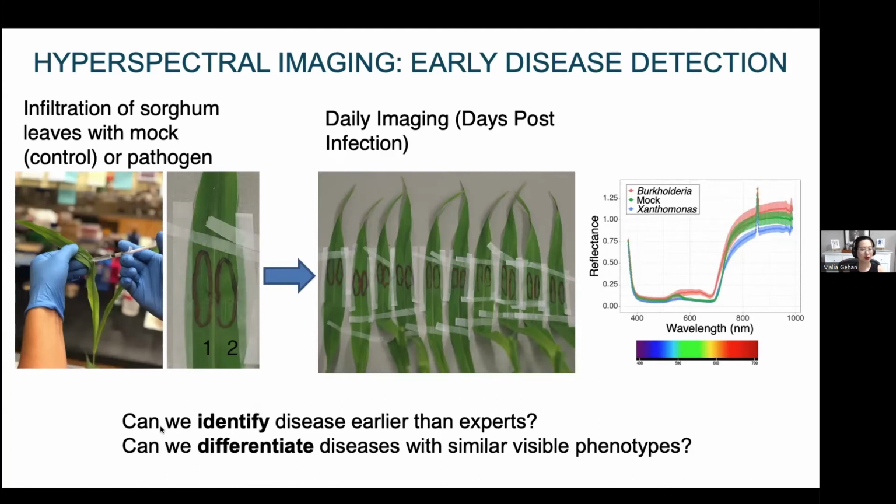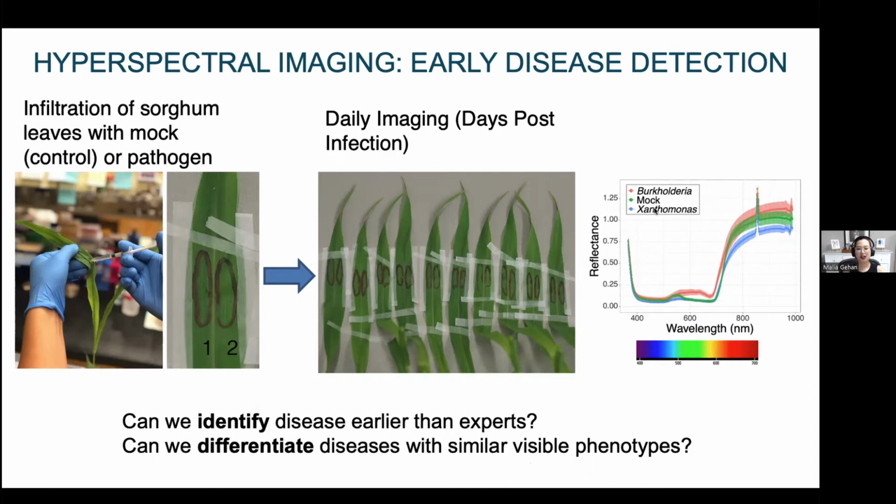So the question here was, could we identify disease in these hyperspectral images earlier than experts? And could we differentiate diseases with similar visible phenotypes? Here we are working in sorghum, and we had two bacterial pathogens, Burkholderia and Xanthomonas. We also infiltrated with a mock as a control.